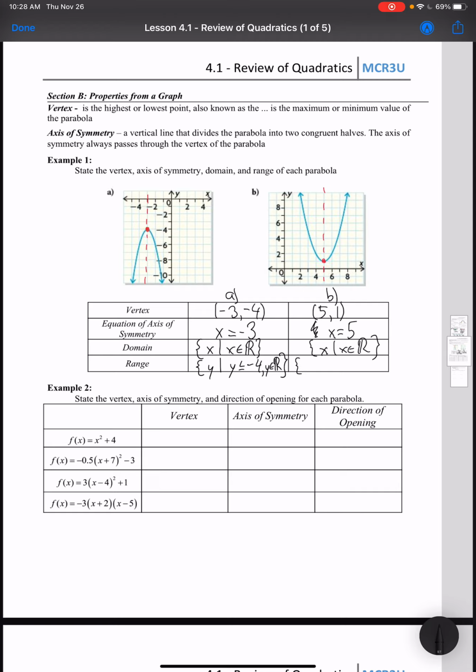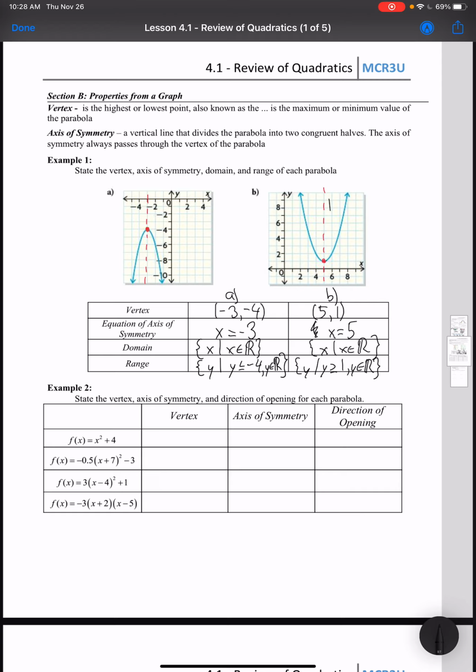For the range, there is some further work. If you look at the graph, your minimum point is 1, and you're going to go upwards from there. So y is going to be anything greater than or equal to 1. It's also a real number, because you can take on any value that's bigger than 1.